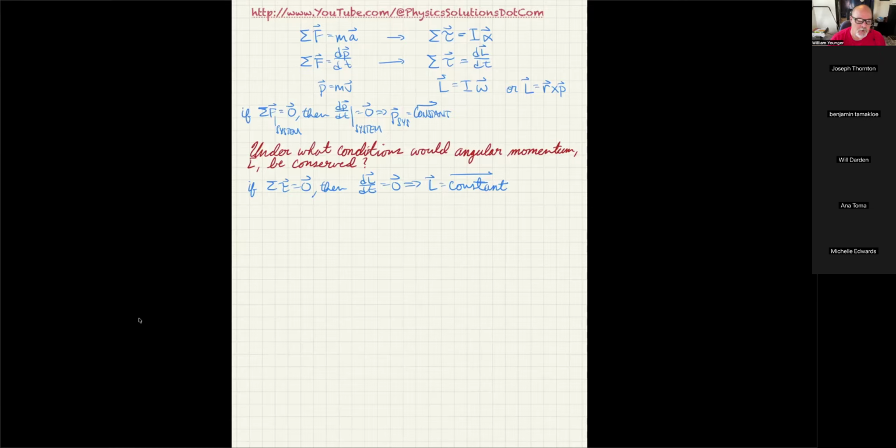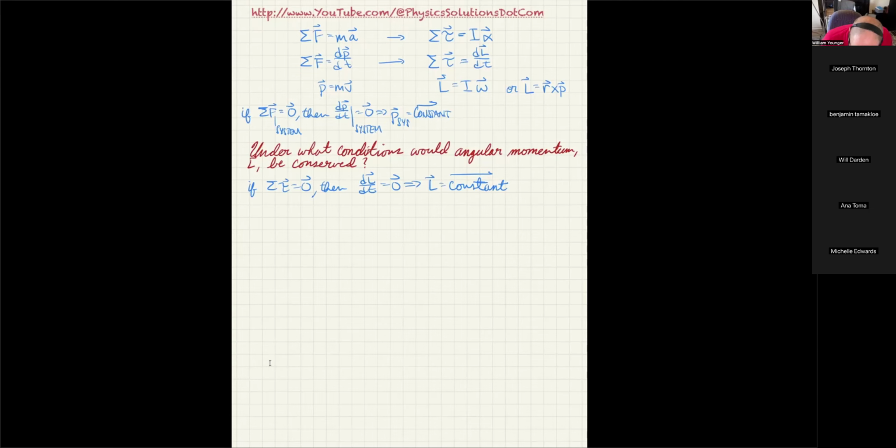Okay. So we're going to continue on now. And I want to point out, for instance, what angular momentum conservation means. As I already told you, the angular momentum being conserved means the angular momentum is a constant.